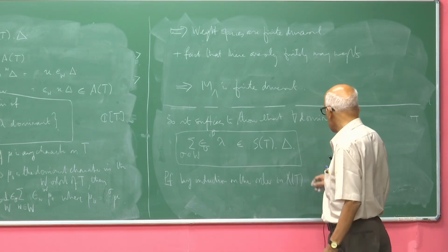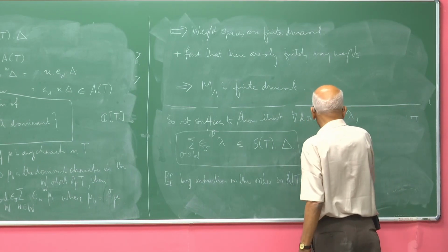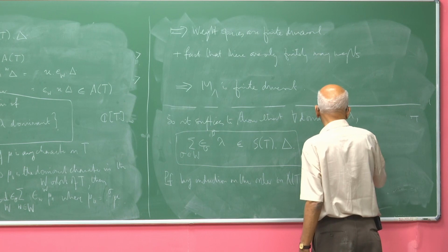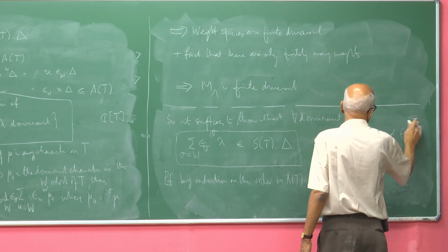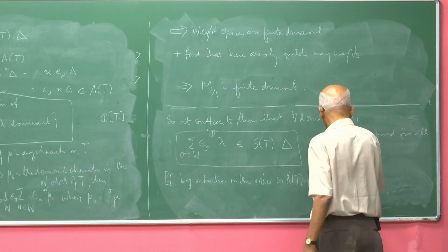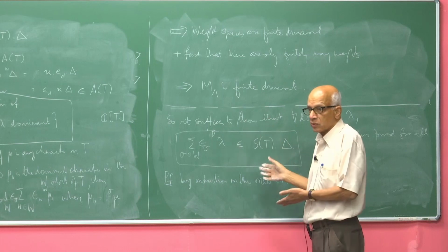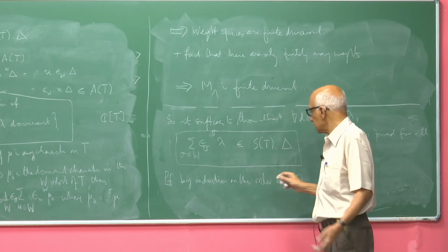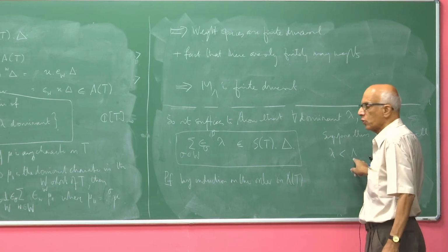So suppose we have proved this for all dominant weights, suppose this is shown for all lambda prime strictly less than lambda. So we are working with a total order, and then we want to see if it's true for all lambda prime less than lambda. I want to prove it for lambda as well.